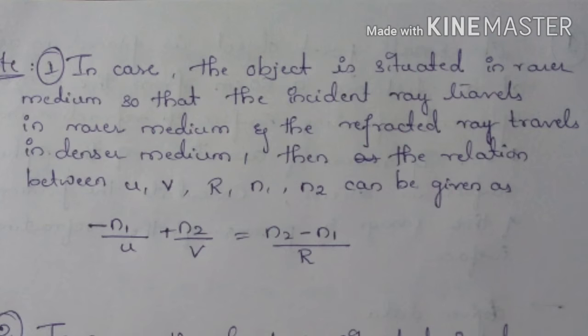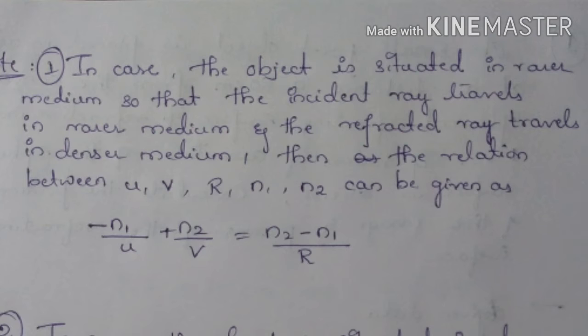The first point says, in case the object is situated in rarer medium, so that the incident ray travels in rarer medium and the refracted ray travels in denser medium, then the relation between u, v, r, n1, n2 can be given as minus n1 by u plus n2 by v, which is equal to n2 minus n1 by r.